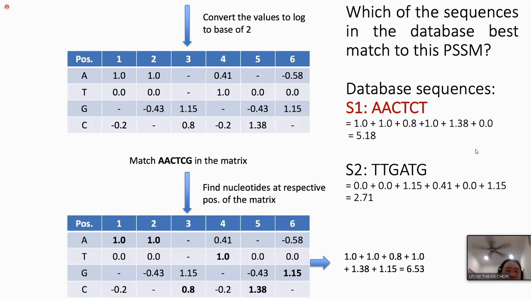And then the information from the MSA will be converted into a PSSM. This PSSM will then be used as the input to search against the database, no longer the input sequence that you used to do the search in iteration 1.